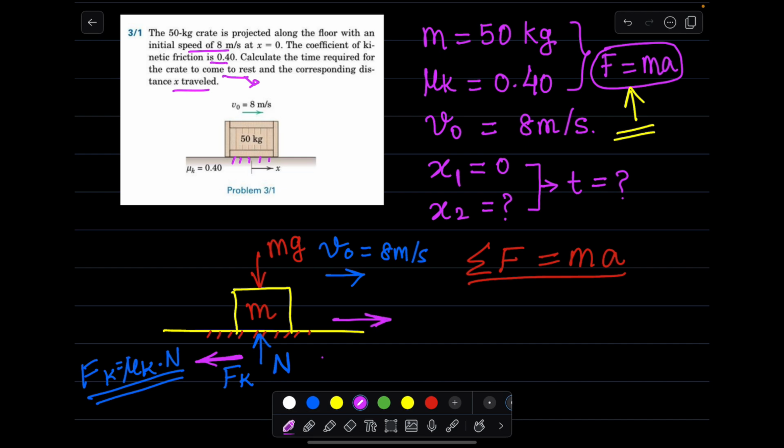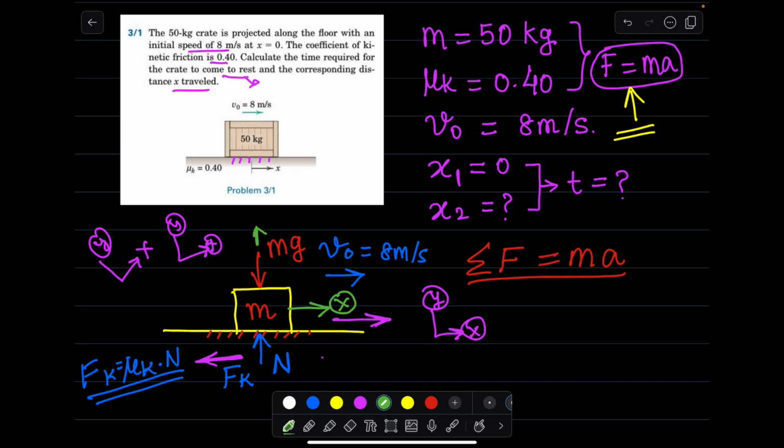So in this case we can use a simple x and y coordinate. The question is how we should apply the x and y coordinates. Can we use this type of x and y, or this x and y? The best way is to choose x in the direction of motion. So I'm going to make x in this direction, and then y in this direction. I hope it is clear for you.